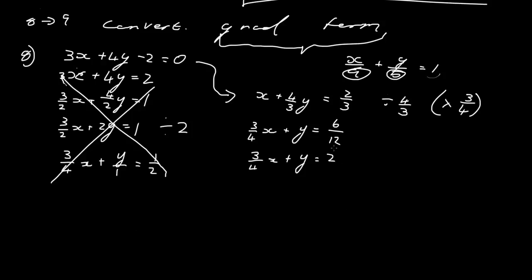Okay, now let's get a 1 here. So we divide the whole equation through by 2. 3 over 8x plus y over 2 is equal to 1.